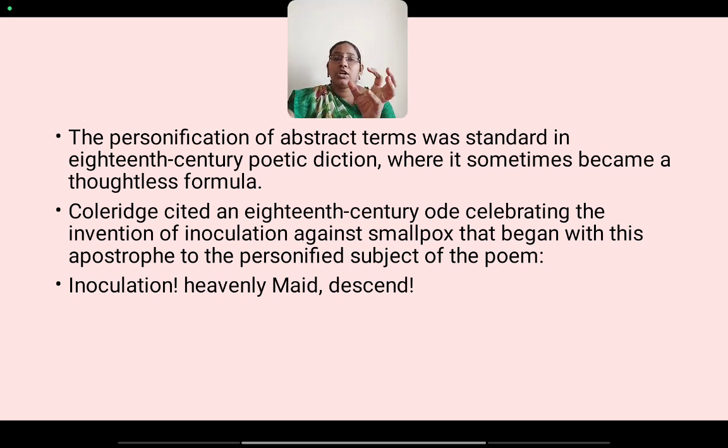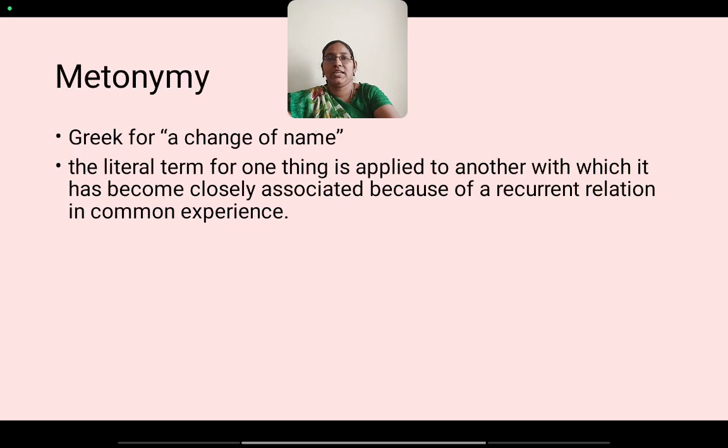When that inoculation was invented for such a dreadful disease, there was an ode written by someone else, cited by Coleridge, which says that inoculation is a heavenly maid descended. So that medicine is described as a heavenly angel which has descended to earth. God has sent this to earth. So this is another kind of personification.